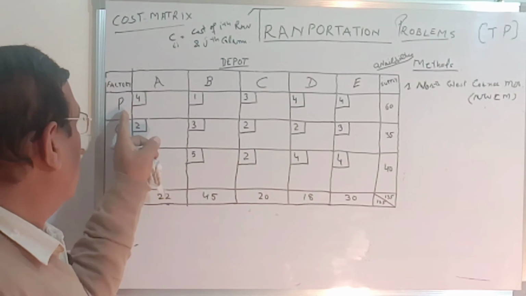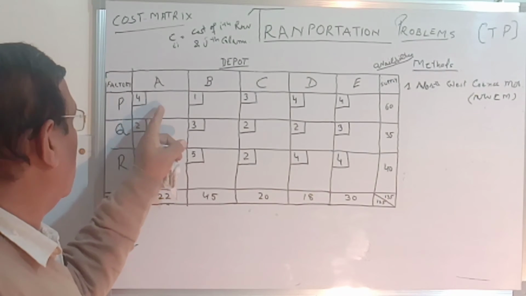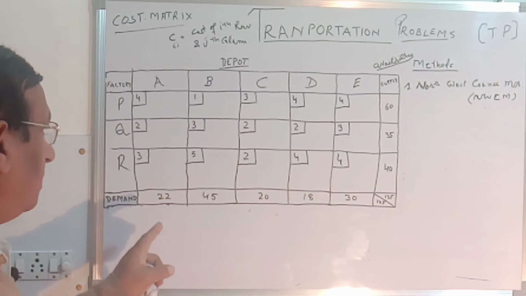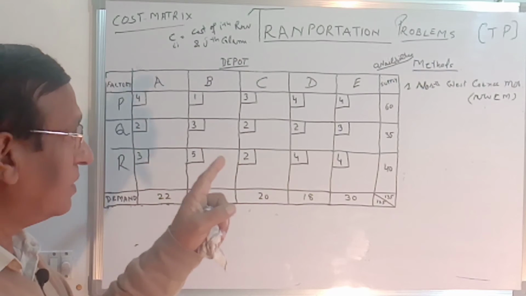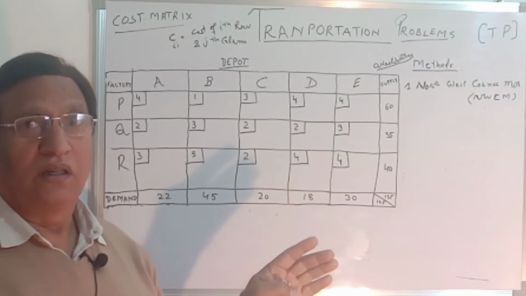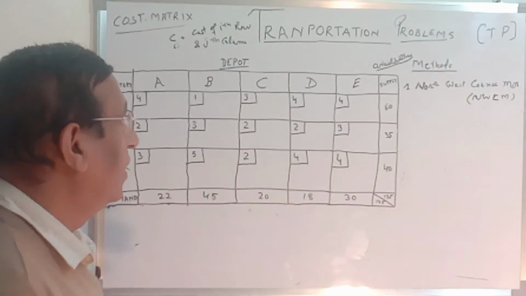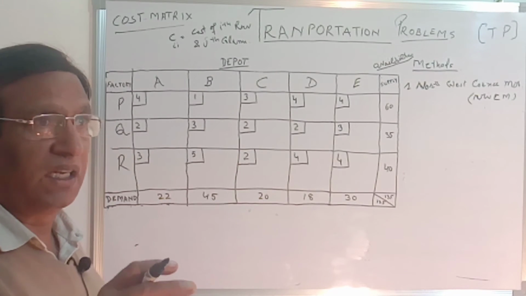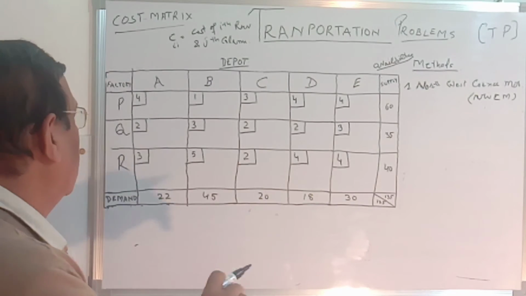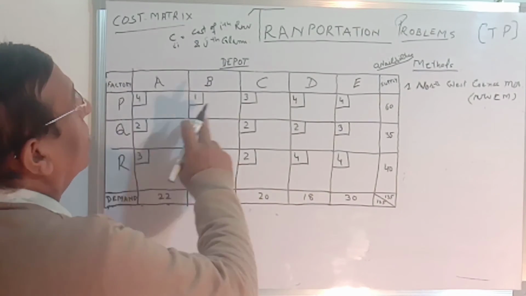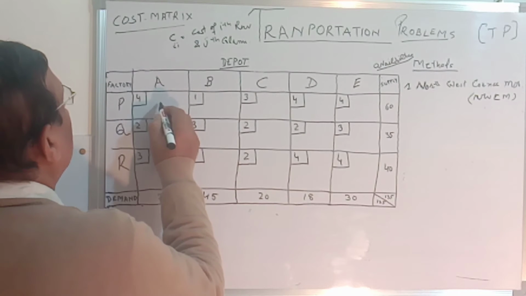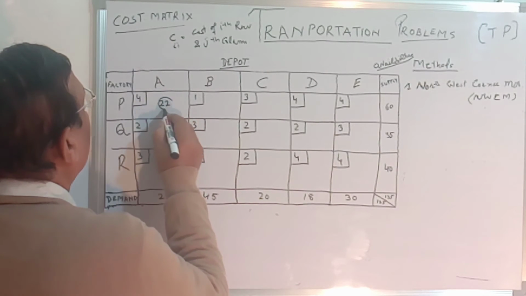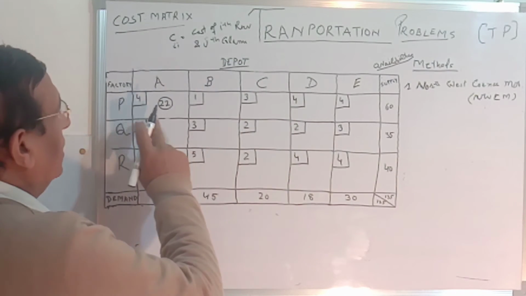Start from here and allocate the maximum possible units, keeping intact the demand and supply. So here demand is 22, supply is 60, so maximum you can allocate 22. This is the starting of this method.